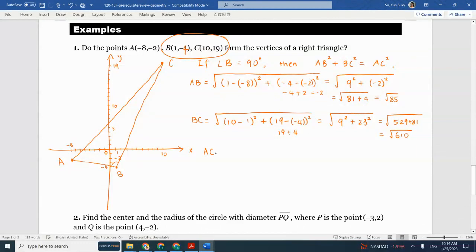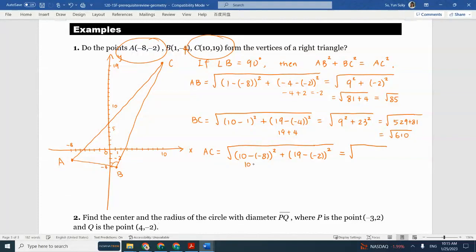Now let's look at AC. We use A and C. So we use the x-coordinate of point C, which is 10, minus the x-coordinate of point A, which is -8, plus the y-coordinate of C, which is 19, minus the y-coordinate of point A, which is -2.